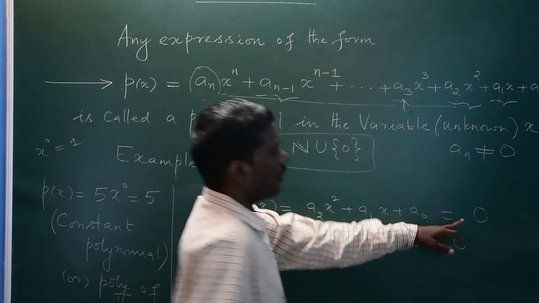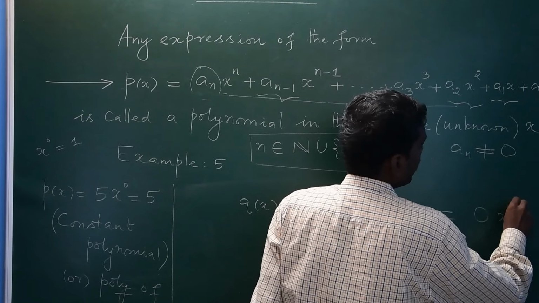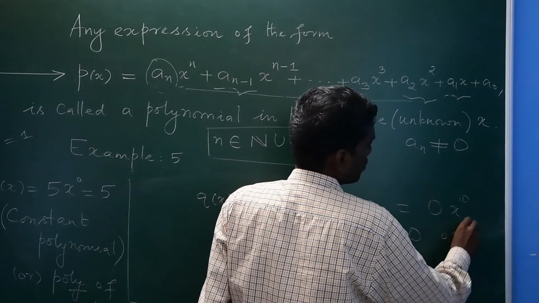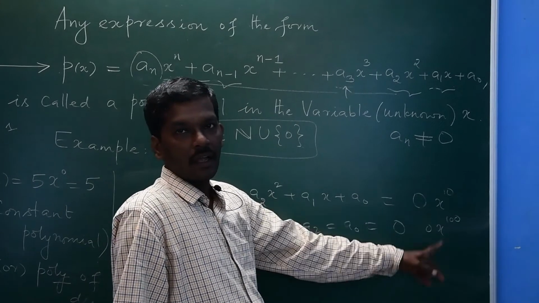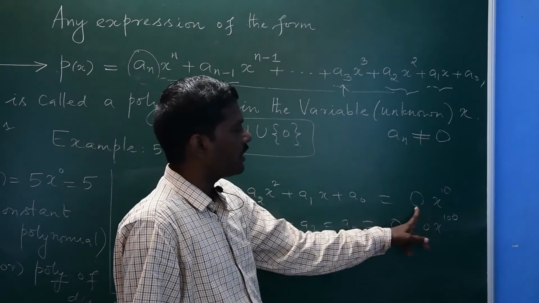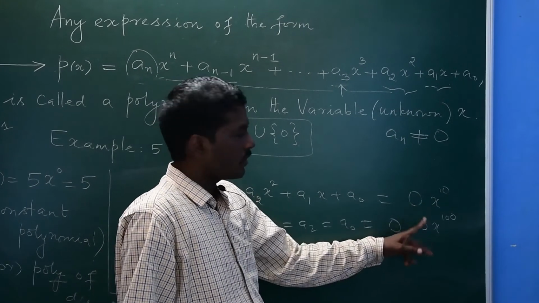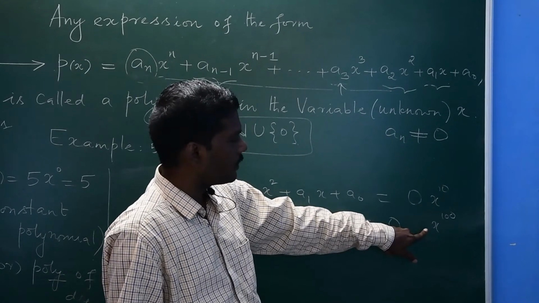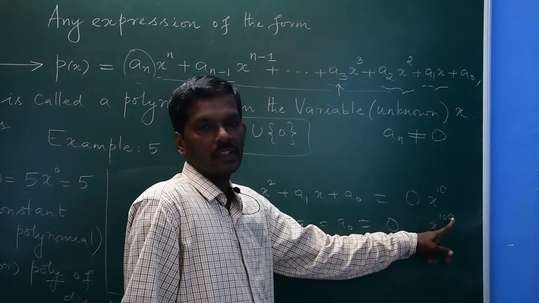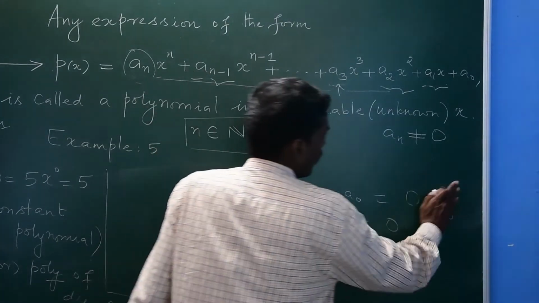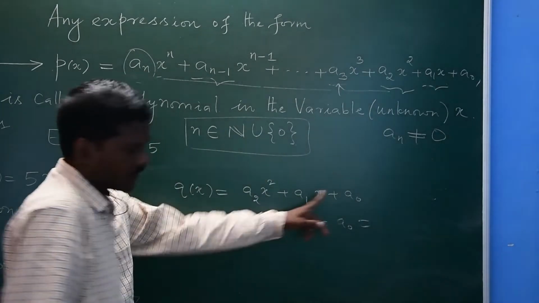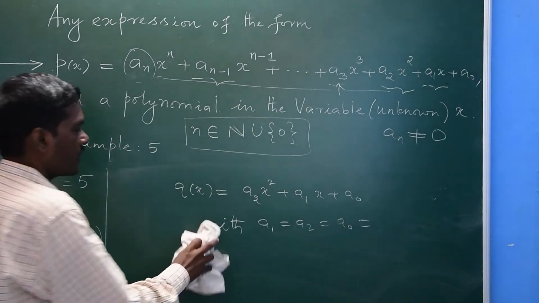So I can write x to the power 10, or I can write 0 times x to the power 100. Anybody can write any degree, because anything multiplied with 0 is going to be 0. So if it is a zero polynomial, the degree is not defined.